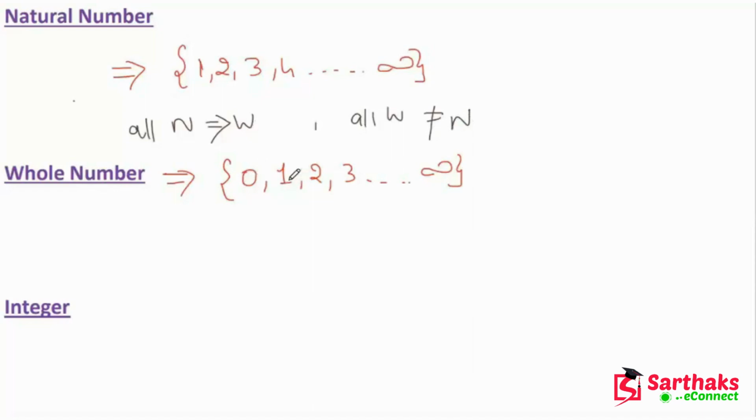We can say one is a natural number, but zero is not. I hope you got this point.